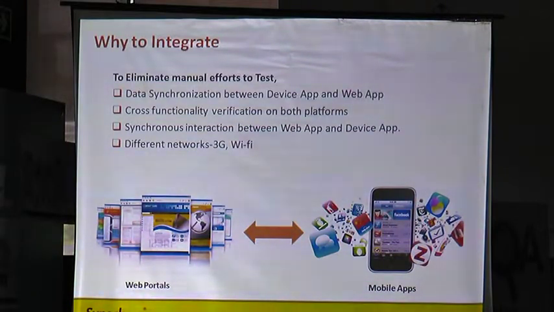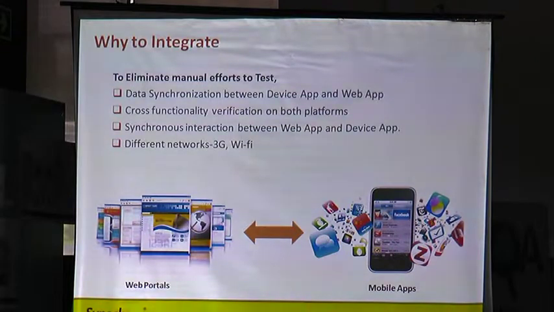But do you check whether that information is correctly updated on your mobile device? There should be some technique which tests this integration part: if you update something on the web portal, it should be correctly reflected on the device side, or vice versa.